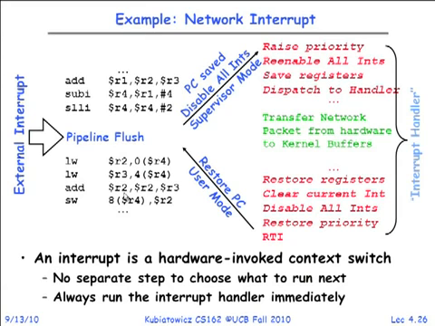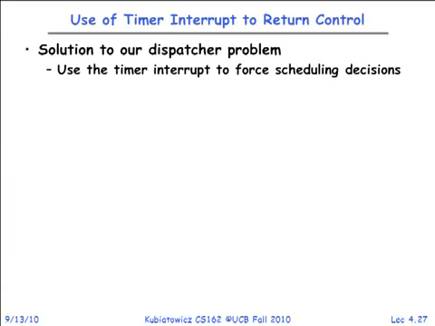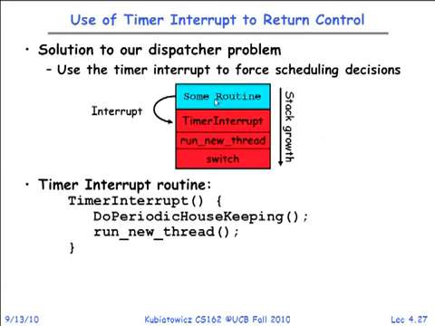Now, the timer is basically the solution to our dispatcher problem. The timer forces the scheduling decisions. So in this case, we have some routine that's busy executing, computing pi without yielding. The timer interrupt code does what? It does run new thread switch. Poof.